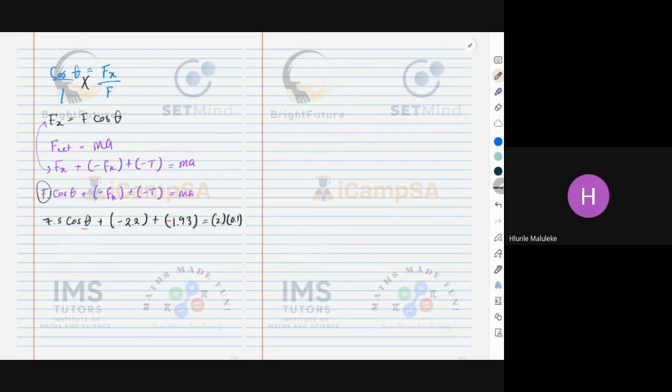So let's start with the like terms. Here you're going to have your 7.5 cos theta equals to, take everything else to the other side because these are just a bunch of numbers here.